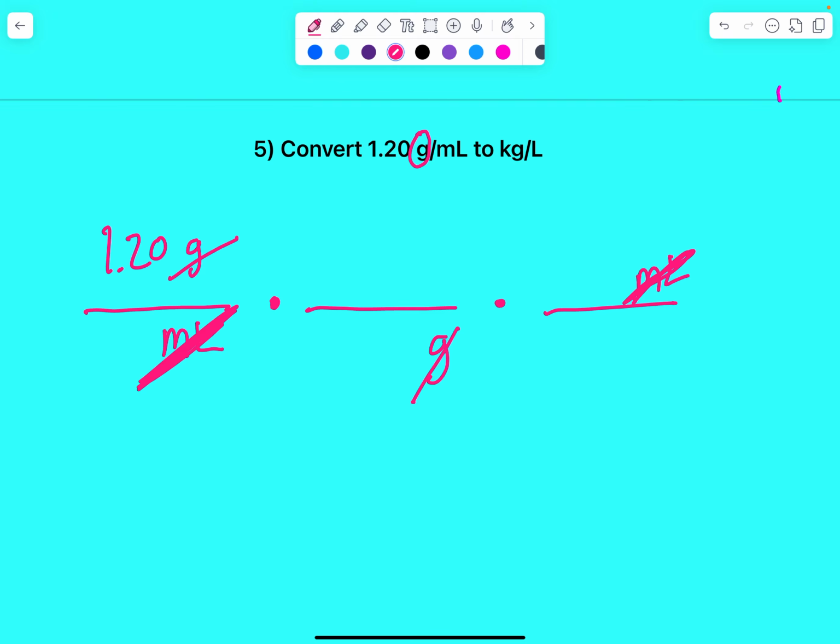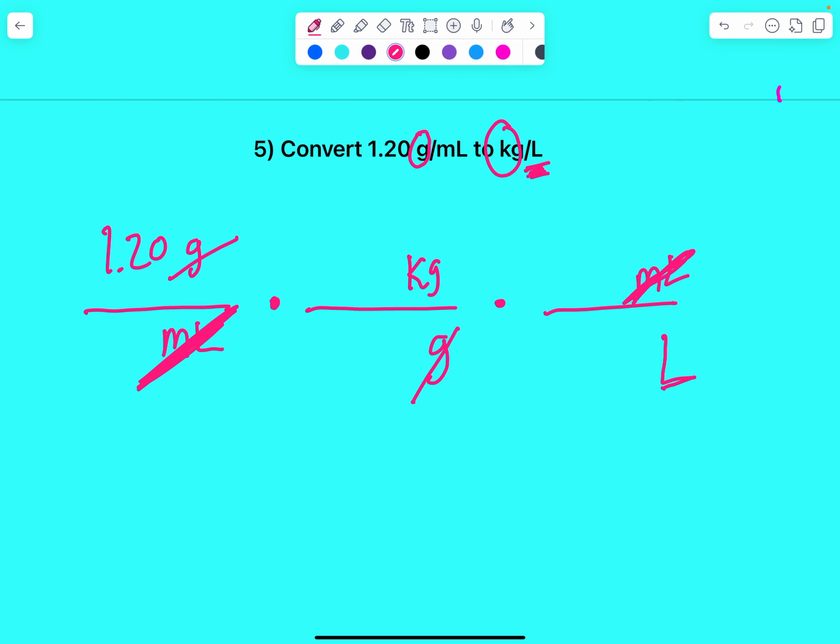So here's the deal. I need to try and get to liters in the denominator, so liters would be down there. And I need to get to kilograms, which would be up here. And it makes sense: milliliter with liter, kilogram with gram.